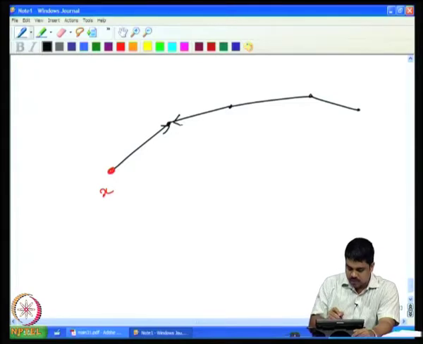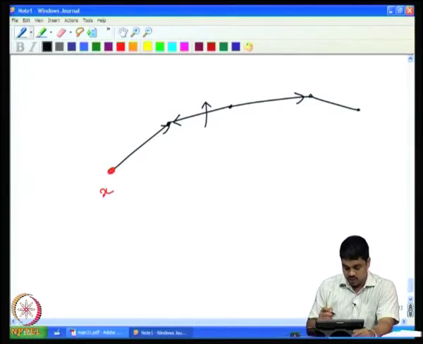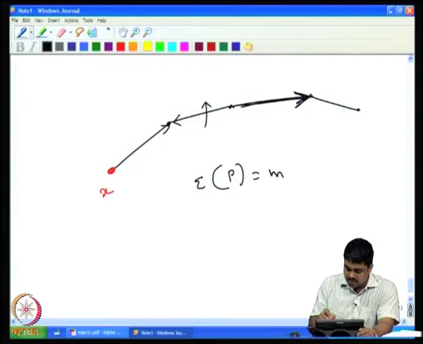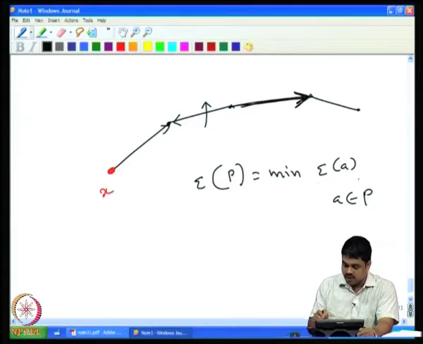With a backward edge, the flow will not cross the capacity, but it will be more than 0, so that we can cancel the flow and go forward, and if it is a forward edge, it should be less than the capacity, so that we can push further. The epsilon of this particular path will be defined as the minimum of the epsilons of the edges over the path, taking all the edges of the path.